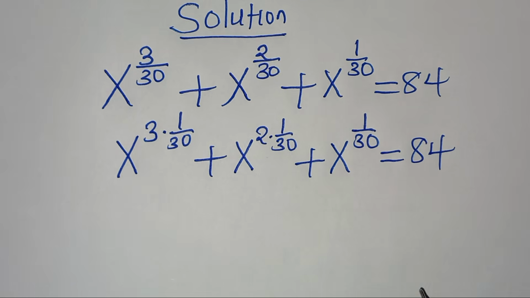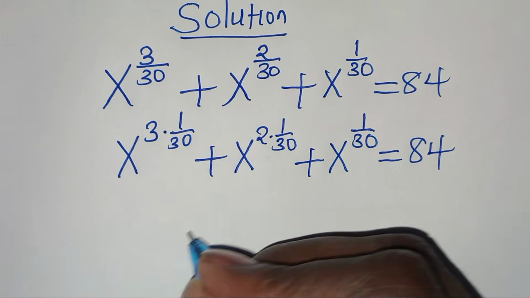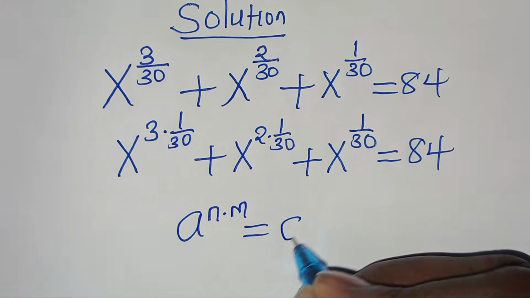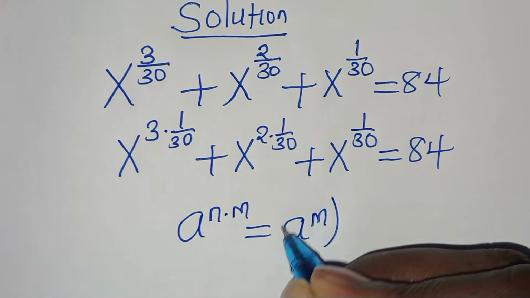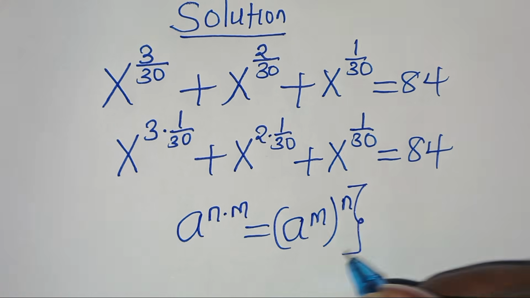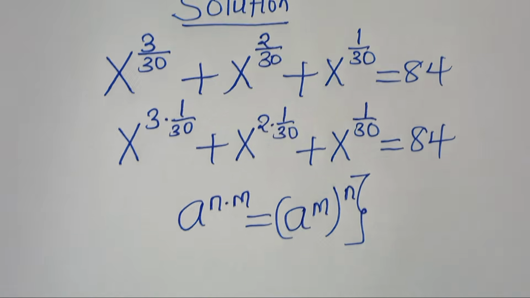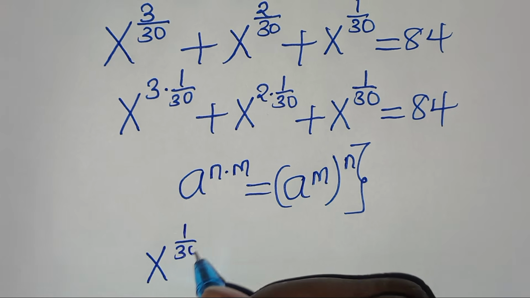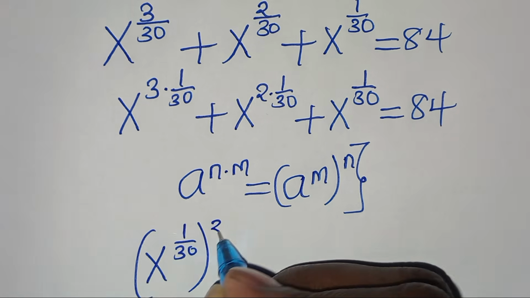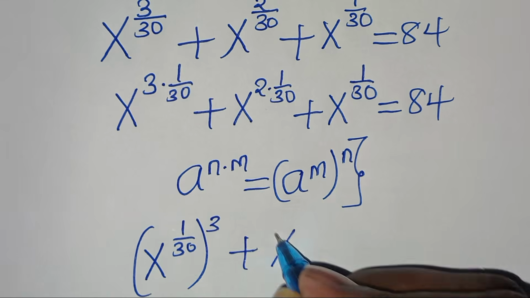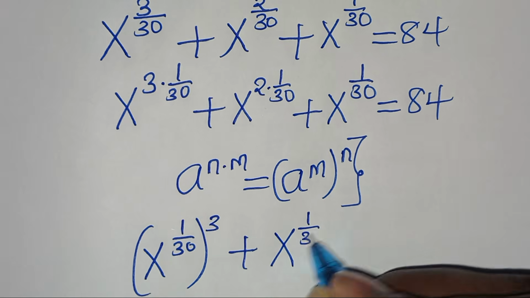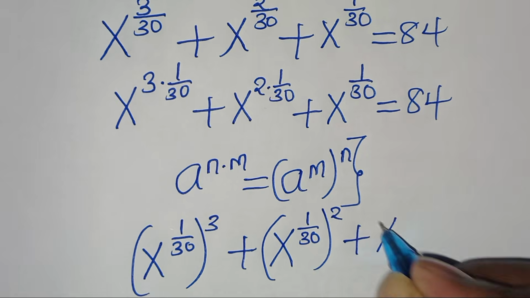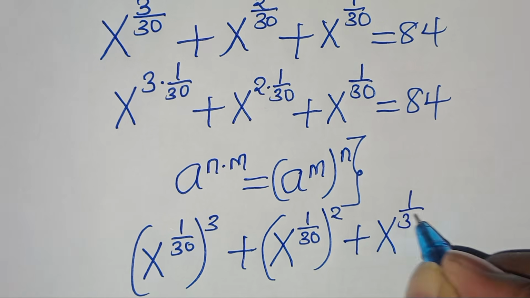Now, the next step from here, this is in the form of a to the power of n times m, which we can express as a to the power of m raised to the power of n. Applying this exponent property, then we have x to the power of 1 over 30 raised to the power of 3, then plus x to the power of 1 over 30 raised to the power of 2, then plus x to the power of 1 over 30.